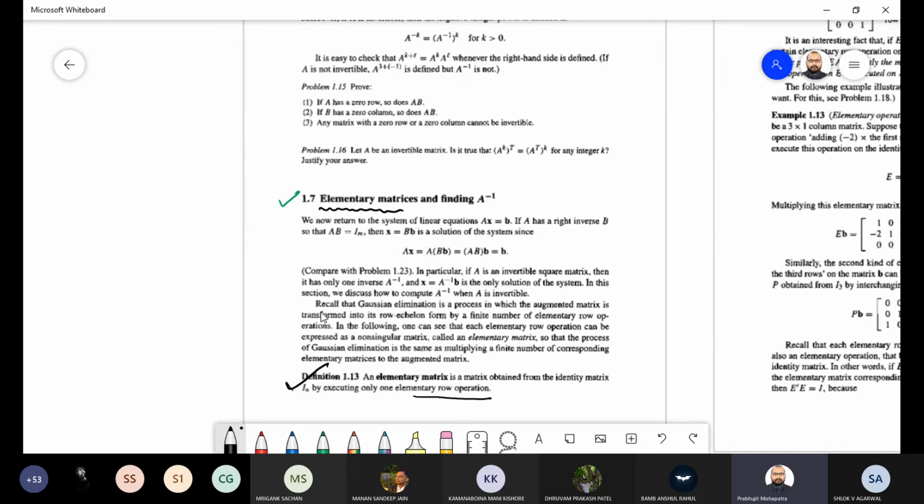And there is another question: why do we need elementary matrices, when you know the procedure to find A inverse? What is the need of the elementary matrix? That is also important. First we should know what the elementary matrix is, then we'll ask why it is needed.